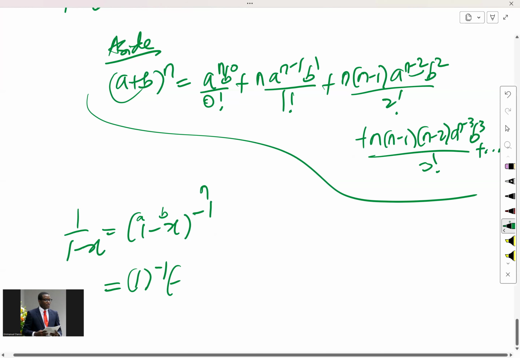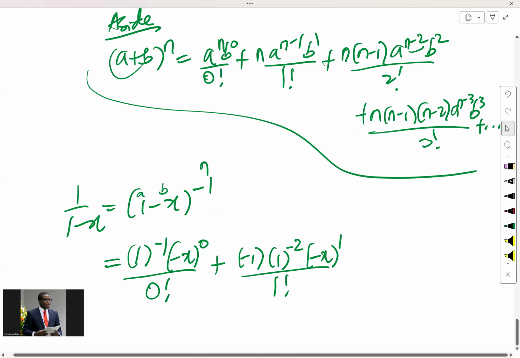Then b is minus x raised to power 0, all of this over 0 factorial. Then plus our n is minus 1, so we have minus 1 into 1. Then minus 1, this is n minus 1, so this will be minus 1 minus 1, that's minus 2. Then now you have minus x raised to power 1 all over 1 factorial.